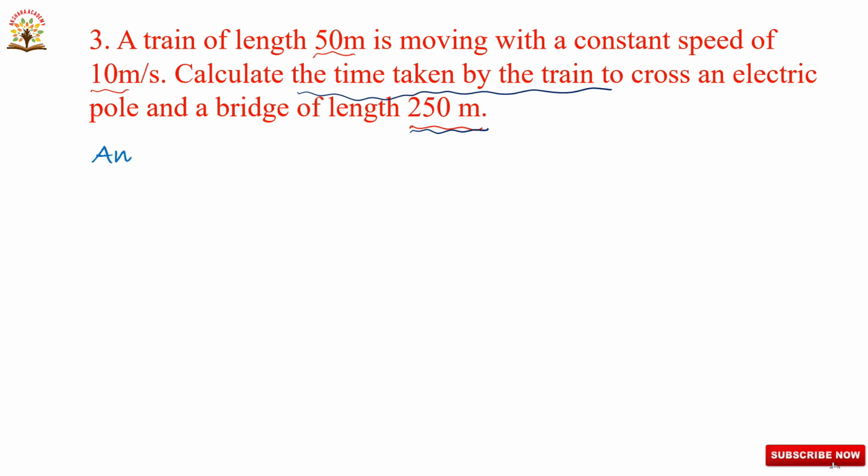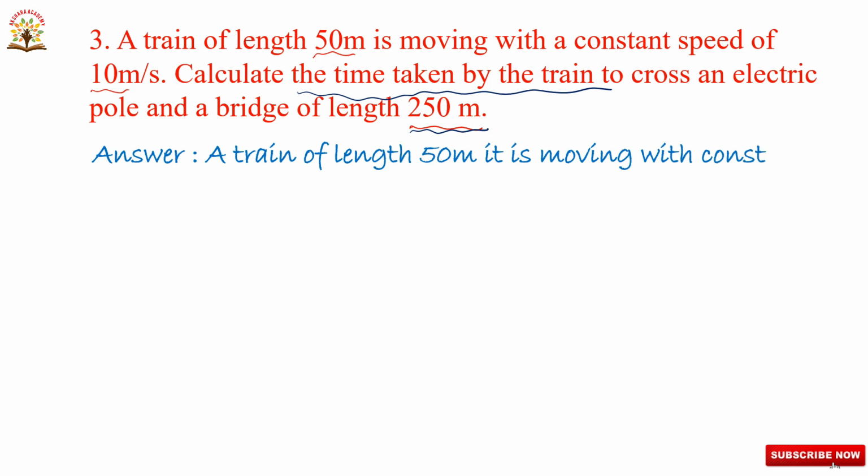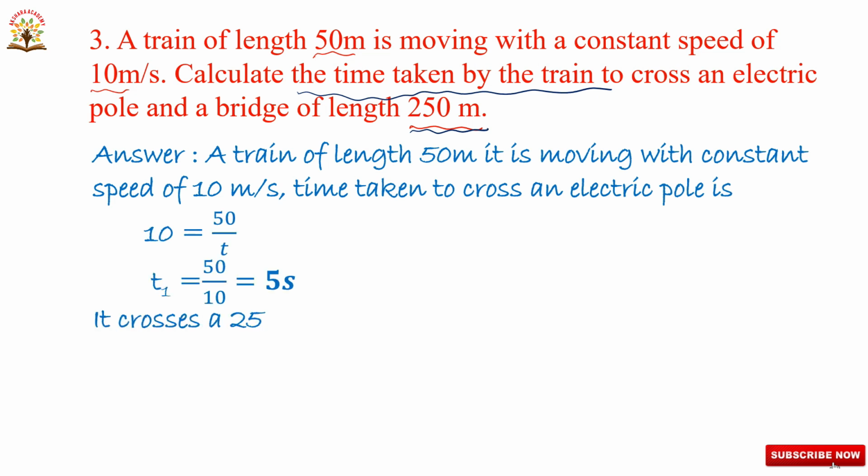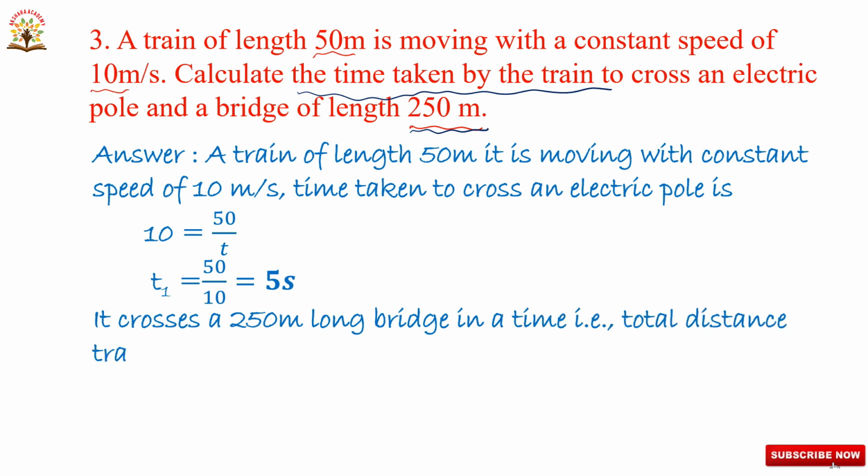Let us discuss. A train of length 50 meters is moving with a constant speed of 10 meters per second. Time taken to cross an electric pole is 50 by t. Here speed is equal to distance by time.